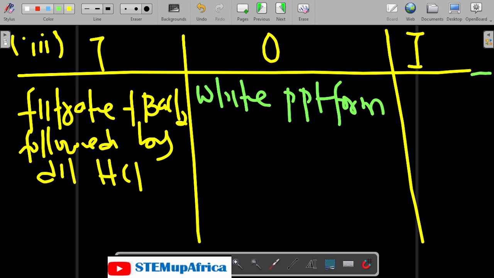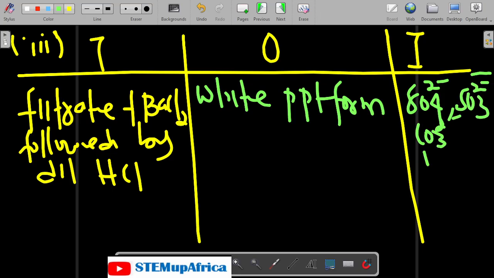What is the inference? SO4 2-, SO3 2-, CO3 2- may be present. All these radicals give white PPT with barium chloride.